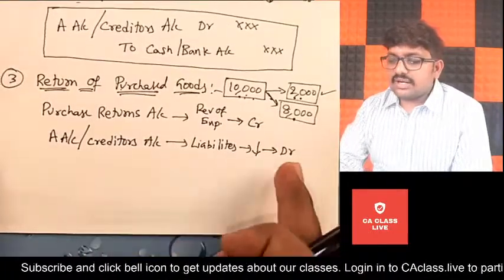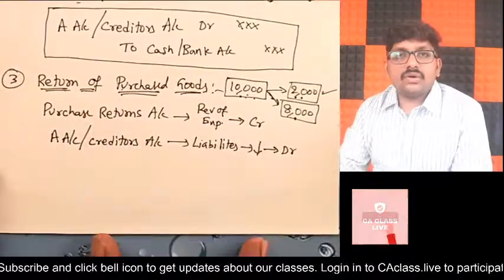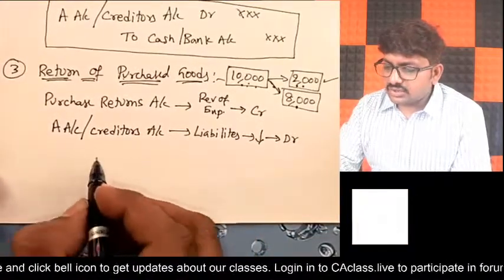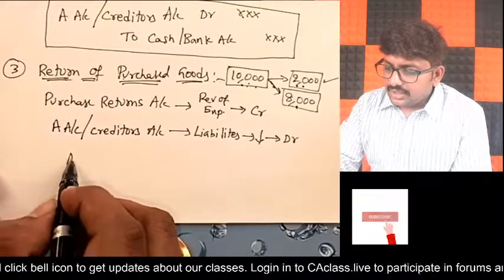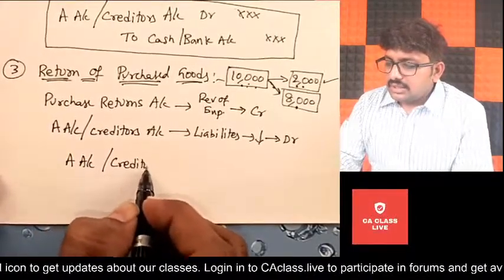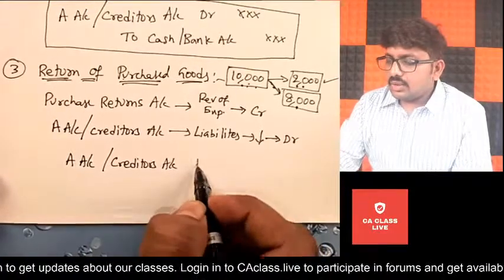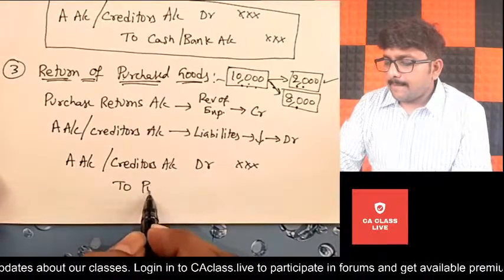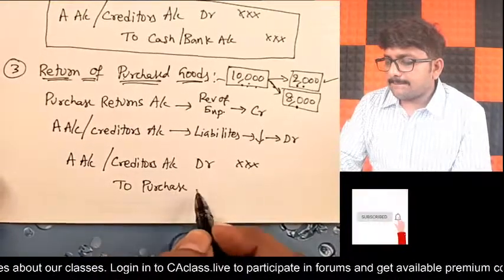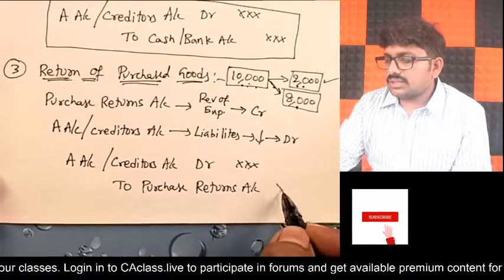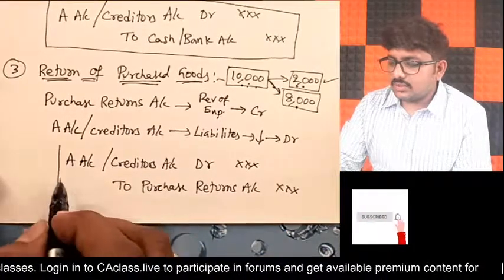A's account or creditor's account will be debited, purchase returns account will be credited. So the journal entry is: A account, or in simple terms creditor's account debit, to purchase returns account.